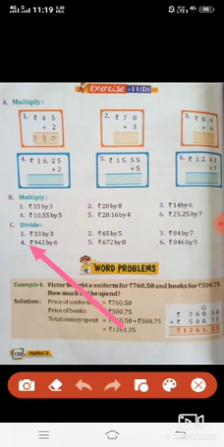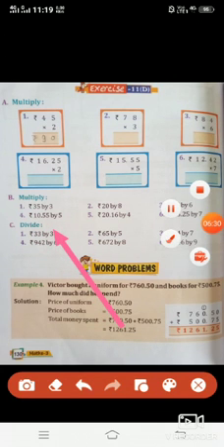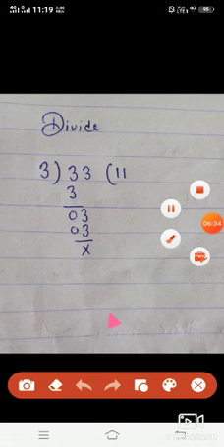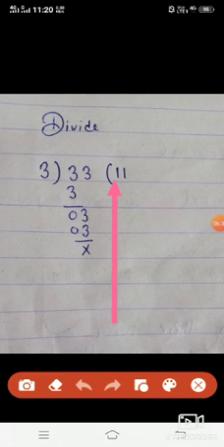Now students, we will solve question number C, divide. First question is 33 rupees divided by 3. Students, we have to divide 33 by 3. Okay, so let us solve. Students, we know very well, 3 ones are 3, so we will write 1 here, and we will write 3 here. Now we will subtract 3 from 3, then we get 0.